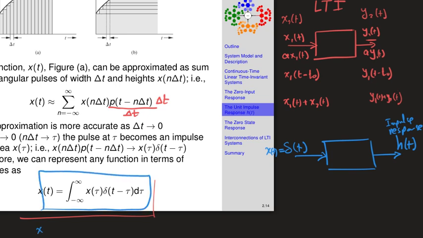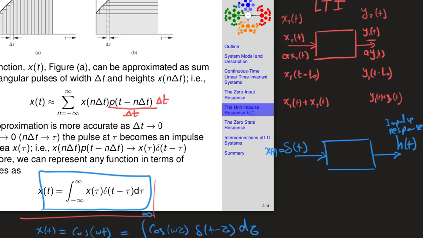If x of t was a cosine function, then I can write this as an integral from minus infinity to infinity, cosine omega tau, multiplied by delta of t minus tau d tau.